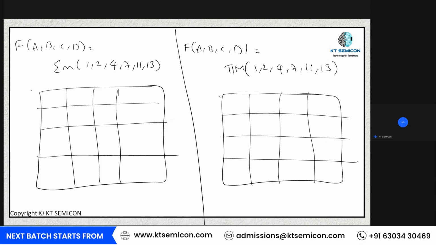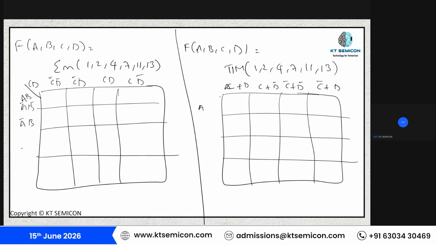Now, this is nothing but my CD: C bar D bar, C bar D, CD, and CD bar. This is nothing but C plus D, C plus D bar, C bar plus D bar, and C bar plus D. And this is nothing but my A bar B bar, A bar B, AB, and AB bar.